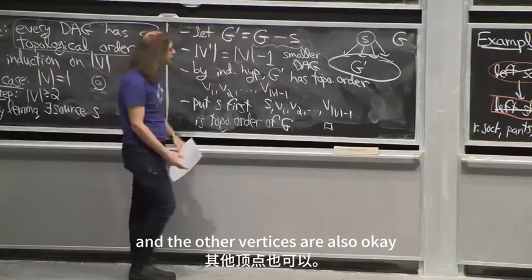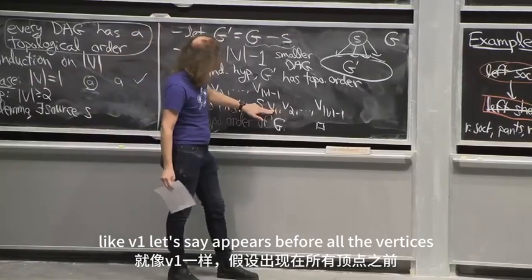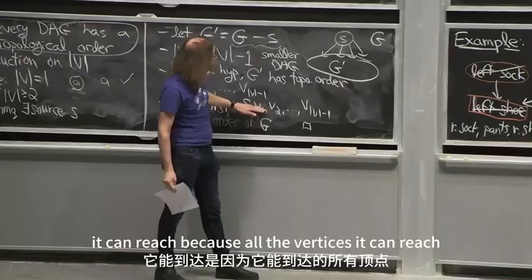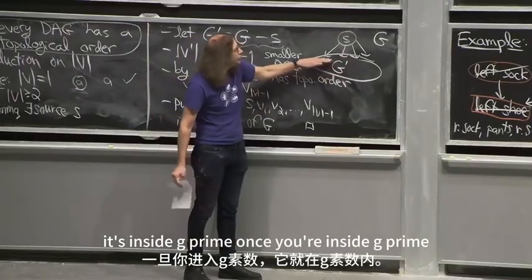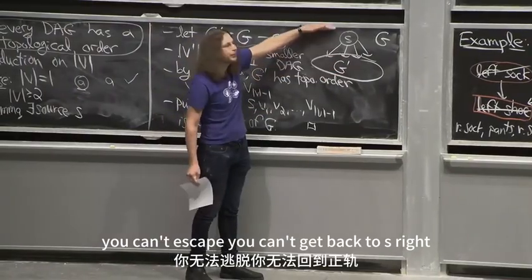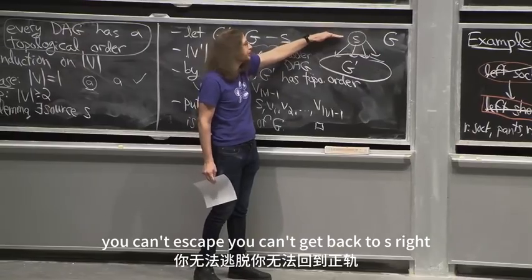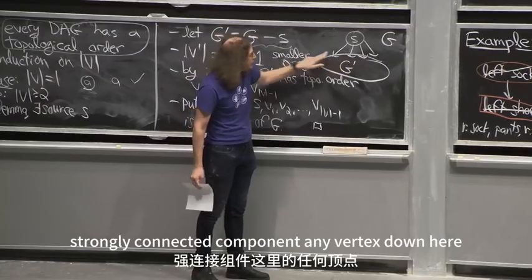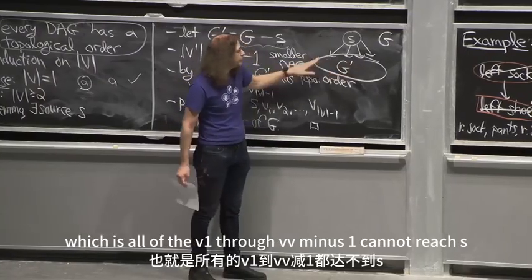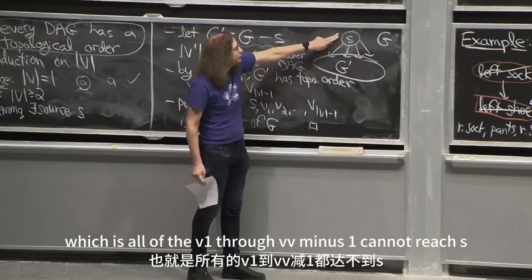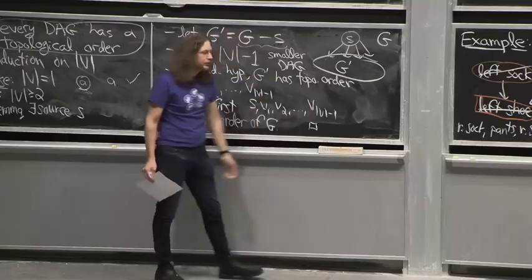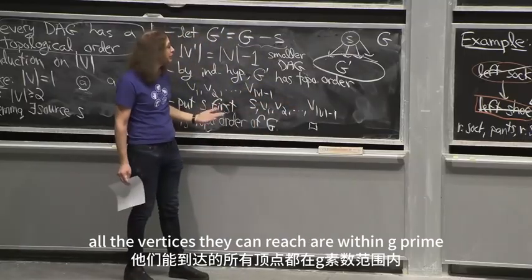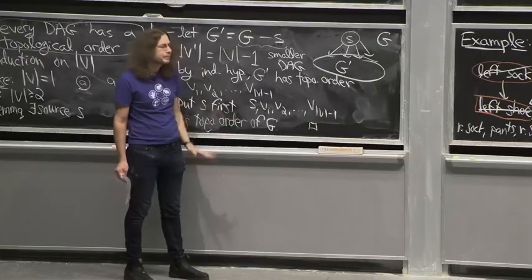And the other vertices are also OK, like V2 or V1, let's say, appears before all the vertices it can reach because all the vertices it can reach are inside G prime. Once you're inside G prime, you can't escape. You can't get back to S. It's like in a different strongly connected component. Any vertex down here, which is all of the V1 through V minus 1, cannot reach S because it only has outgoing edges. And so they also appear before all the vertices they can reach because all the vertices they can reach are within G prime. Cool.